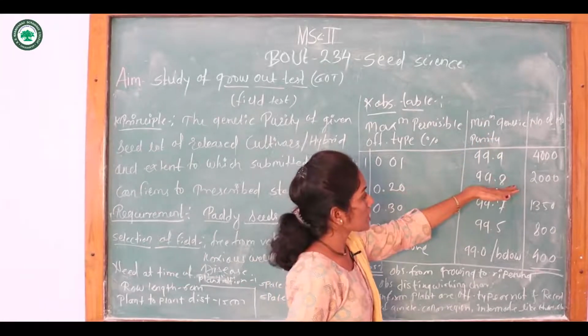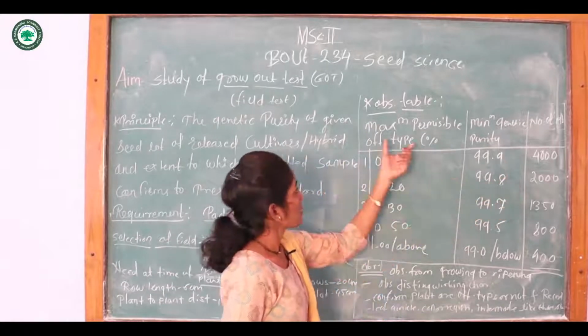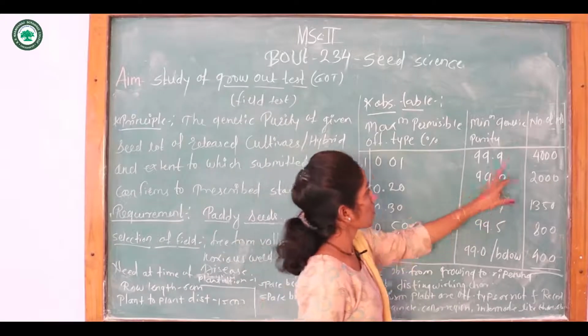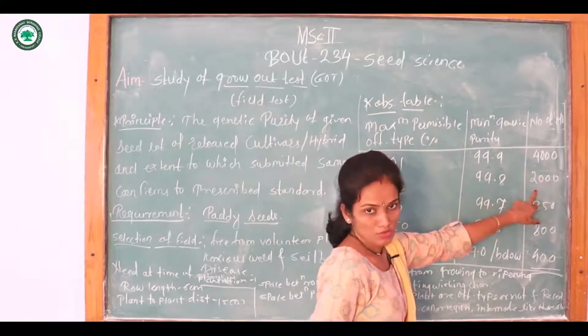That means genetic purity decreases when the maximum permissible off type percentage increases, and the number of plants is 2000.